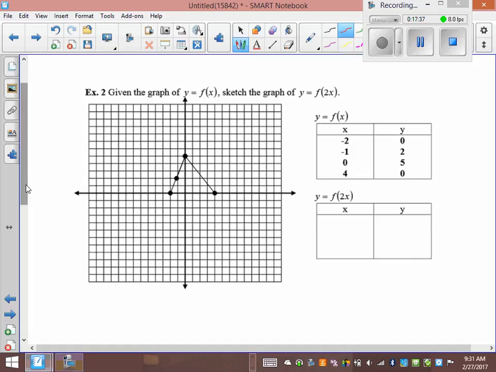So here we have that stretch, but now it's a 2 with the x. So this would be a horizontal stretch by a factor of what, guys? Not 2, 1/2. About the y-axis.